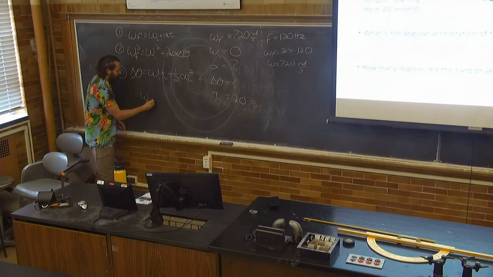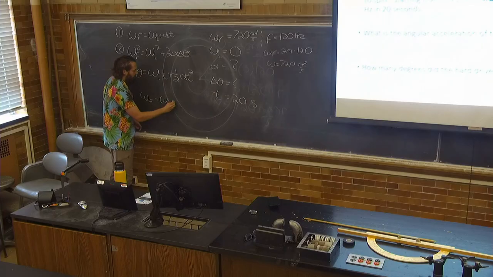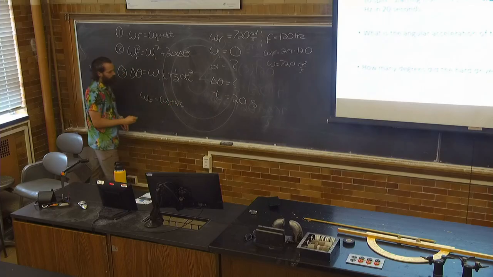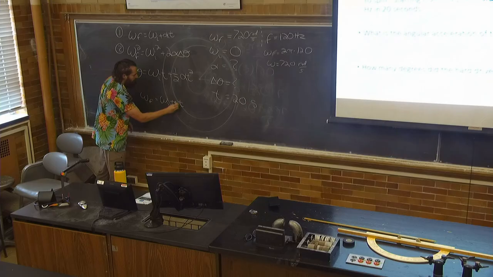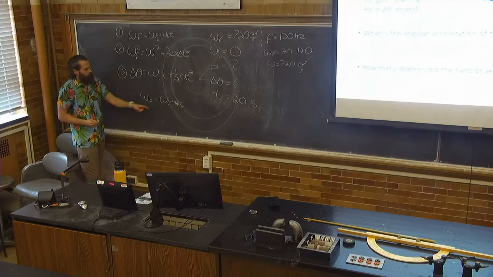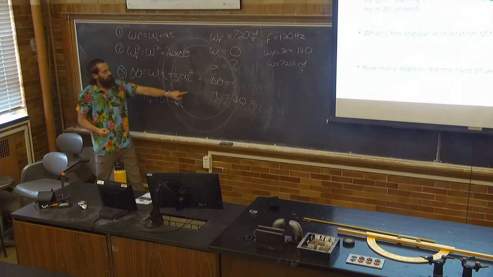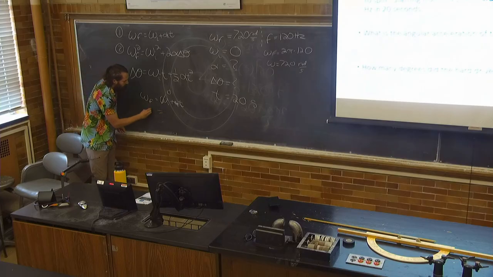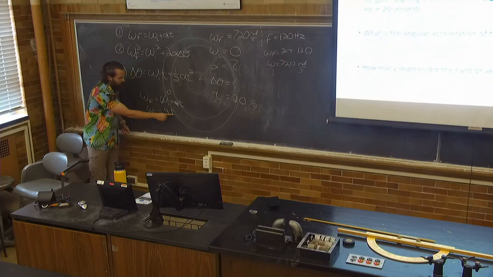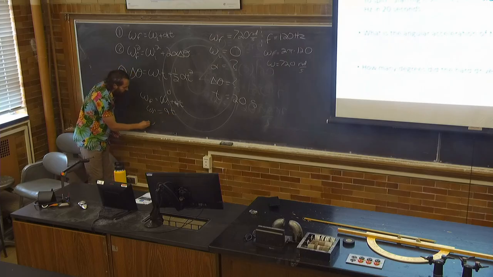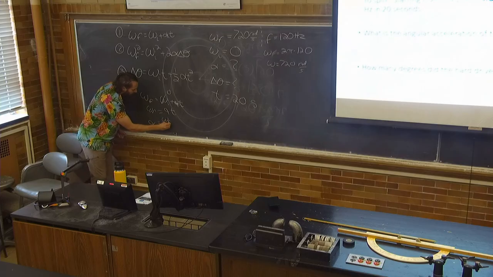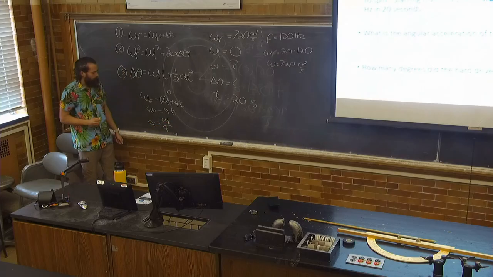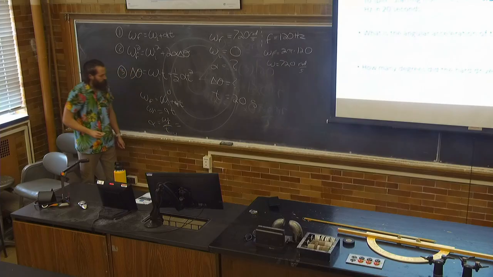So we want the alpha by itself, but I know that the initial angular velocity is 0, so I'll just cancel that out. Then to get the alpha by itself, I just need to divide t to the other side. Now I can plug in my numbers.